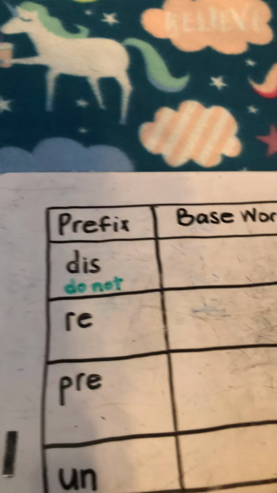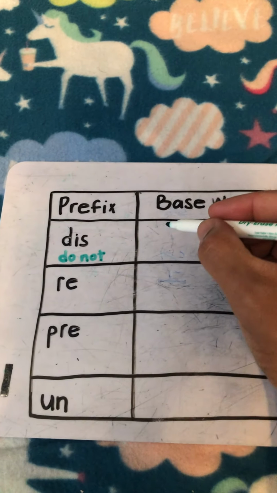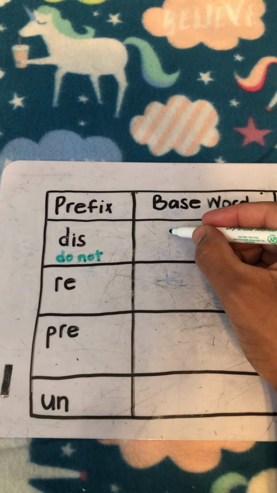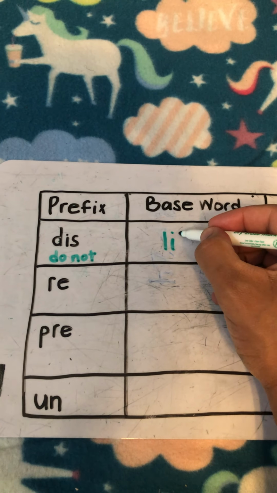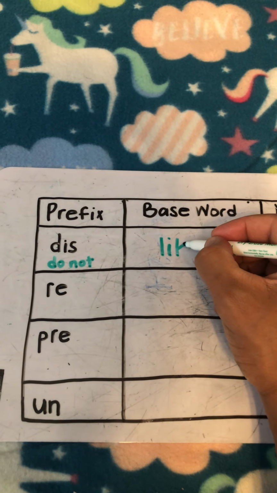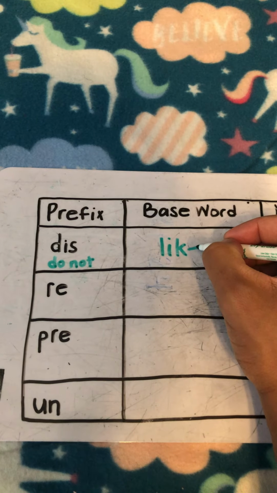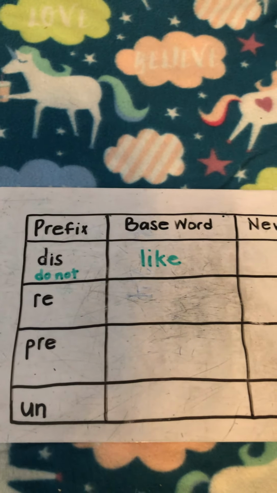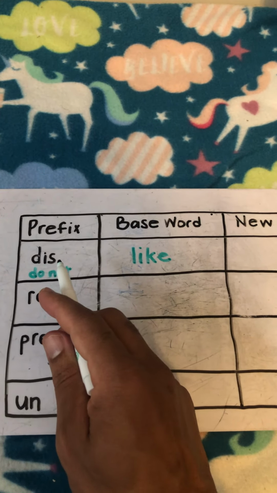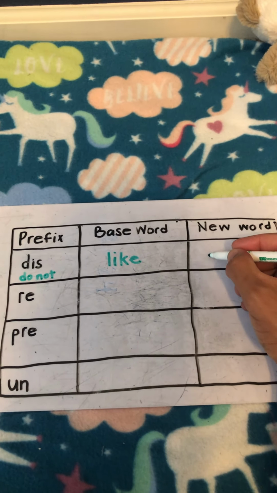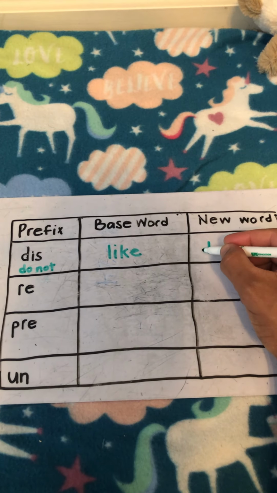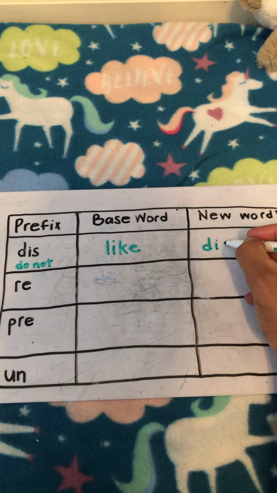Let's see how this might work when I put it with a base word. In this case, my base word is going to be the word like. When I combine my prefix and my base word, I create a new word. In this case, my new word would be dislike.